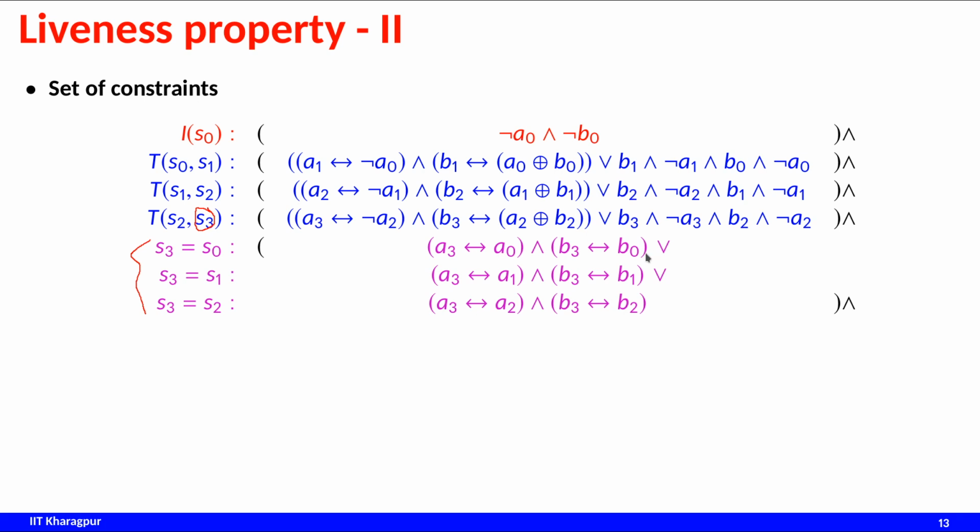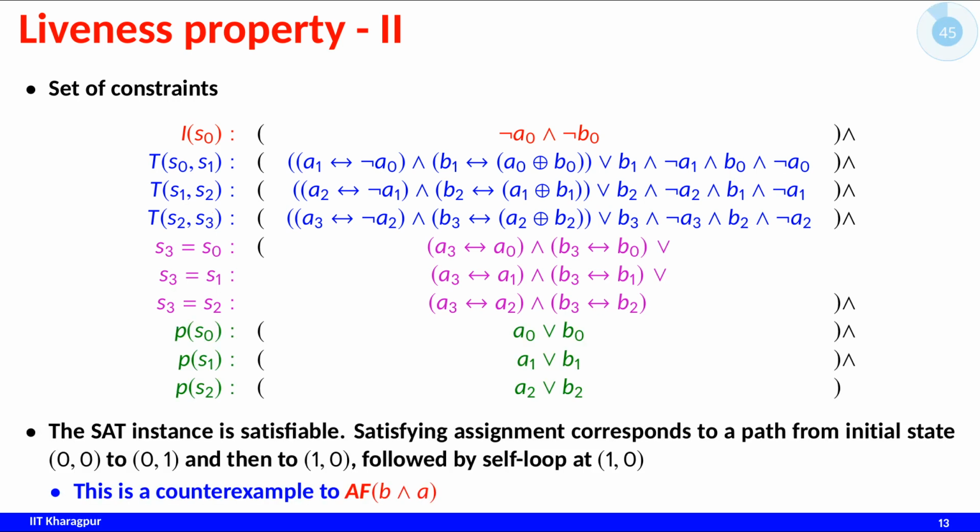So if any one of these is true, then there is a loop, and the other part will remain as it is: whether S0 is true here, or this is true, or this is true at this state. So I have to check for P whether this is true at this state or not.